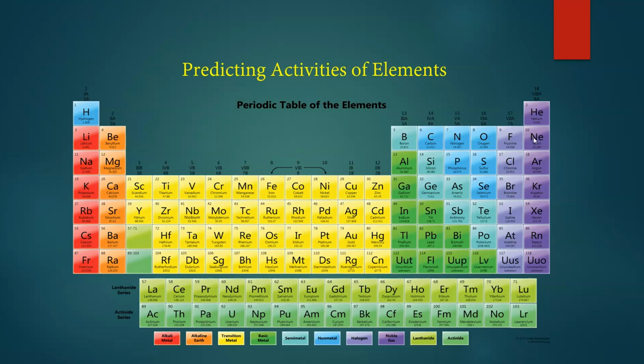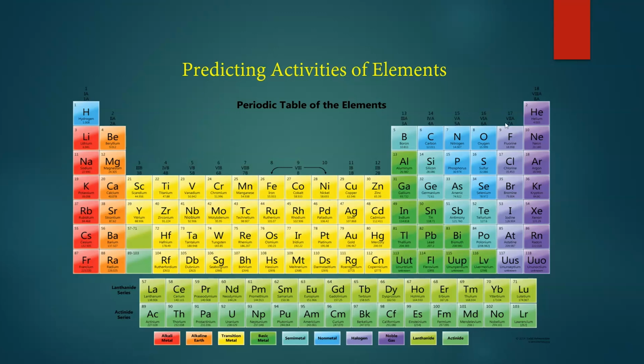The desire or ability of an element to gain electrons increases. So the farther you go to the right, the more elements want to gain electrons, or the more they want to become reduced. There's also a trend as you go from the bottom to the top of a group. In any group, as you go up the group, the desire or ability to take electrons also increases. So the higher you are in a group, the more you want to gain electrons. The farther you are to the right, the more you want to gain electrons.